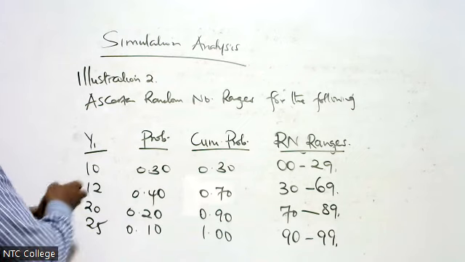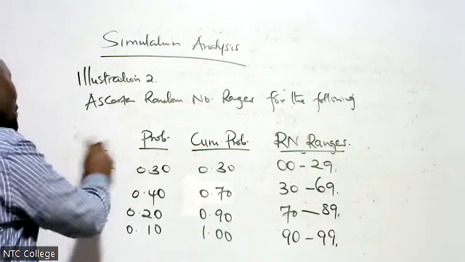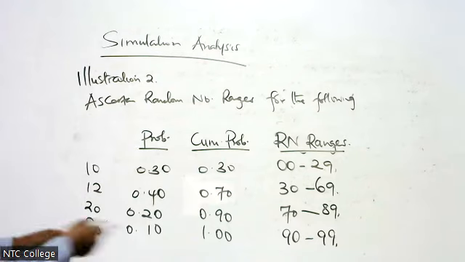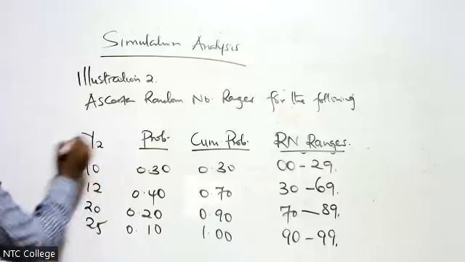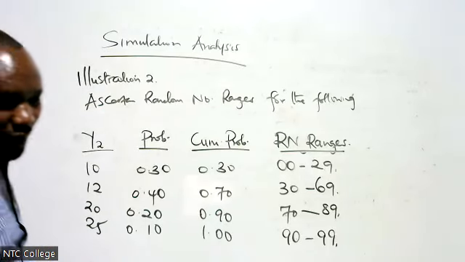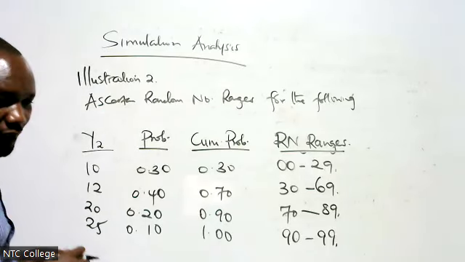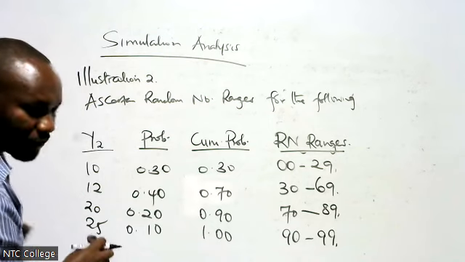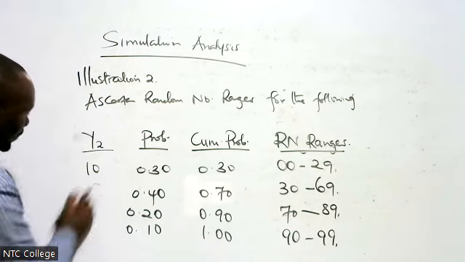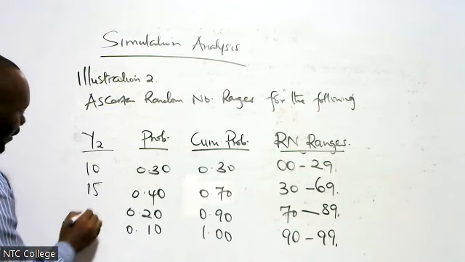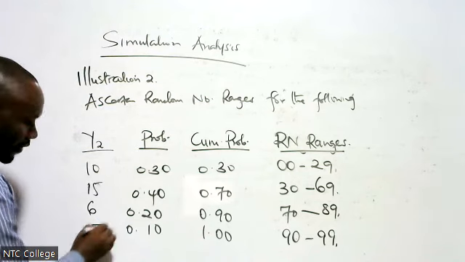Now, let's look at year 2. How will the prices of the revenue be in year 2? In year 2, that is Y2, we have 10, we have 15, we have 6, we have 7.